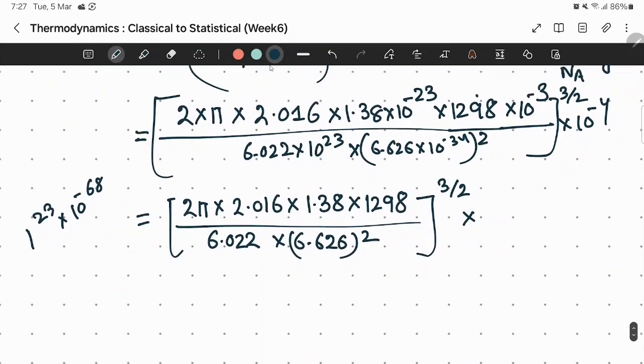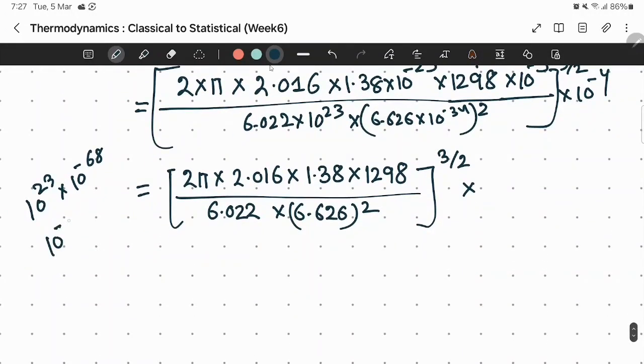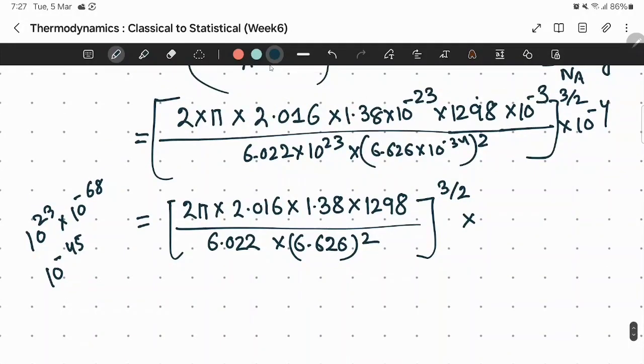So it is 45, and it is 26. So it is 19. So 19 to 3 by 2 is 4. Okay, it's pathetic.